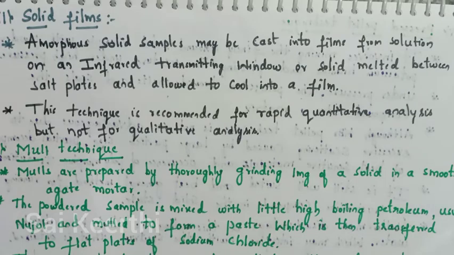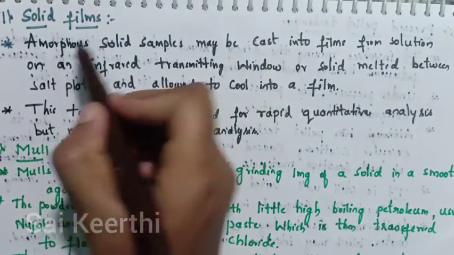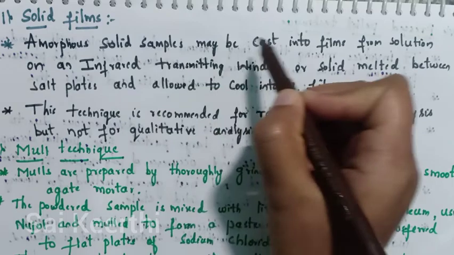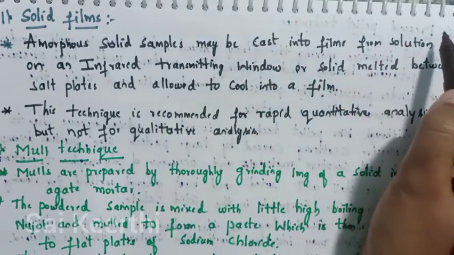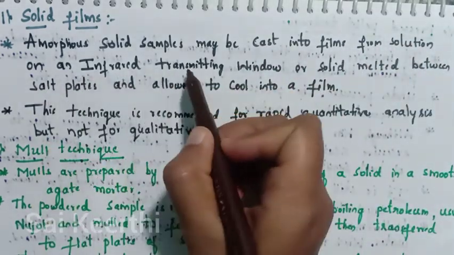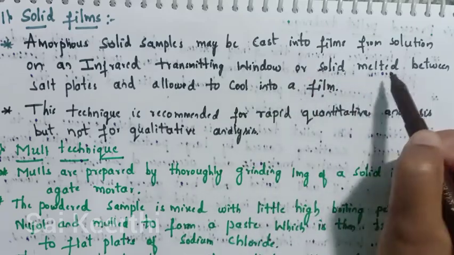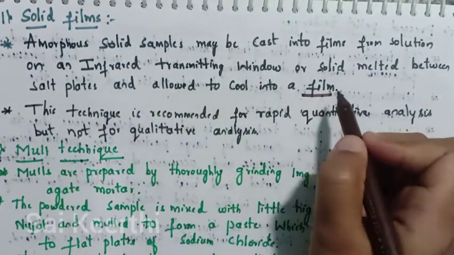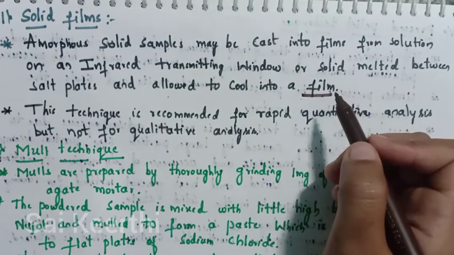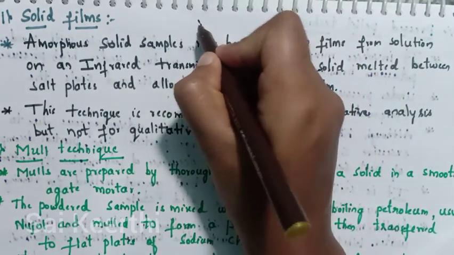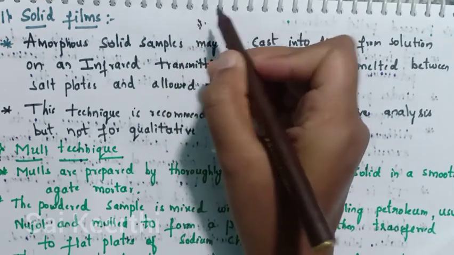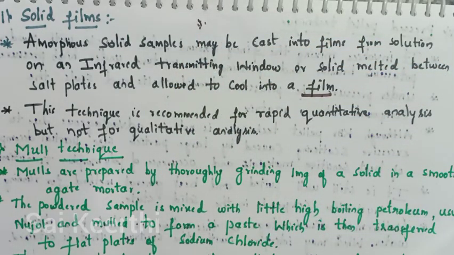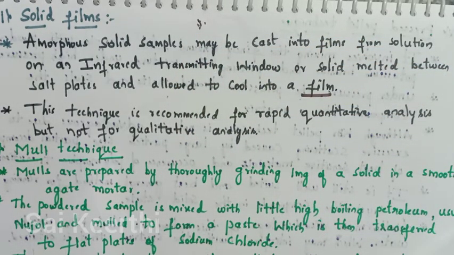Now, the second type is solid films. Here amorphous solid samples may be cast into films from solution on an infrared transmitting window, or solid melted between salt plates and allowed to cool into a film. Here amorphous solid samples are taken and cast into a film and placed in the path of the infrared beam.